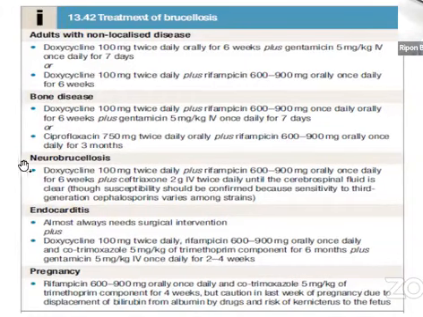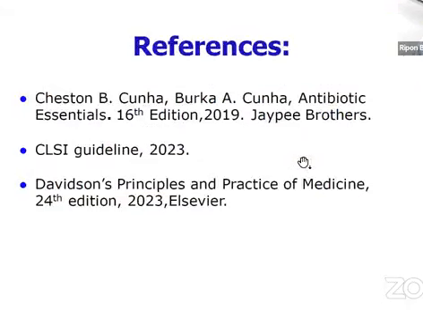If there is central nervous system involvement, neurobrucellosis, the preferred antibiotic is doxycycline plus rifampicin. If it is endocarditis, it almost always needs surgical intervention plus doxycycline, rifampicin, and cotrimoxazole. In pregnancy, if there is brucellosis, rifampicin and cotrimoxazole.